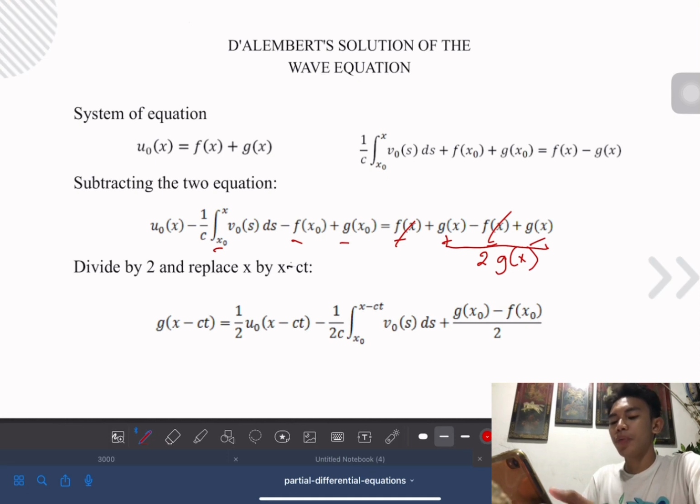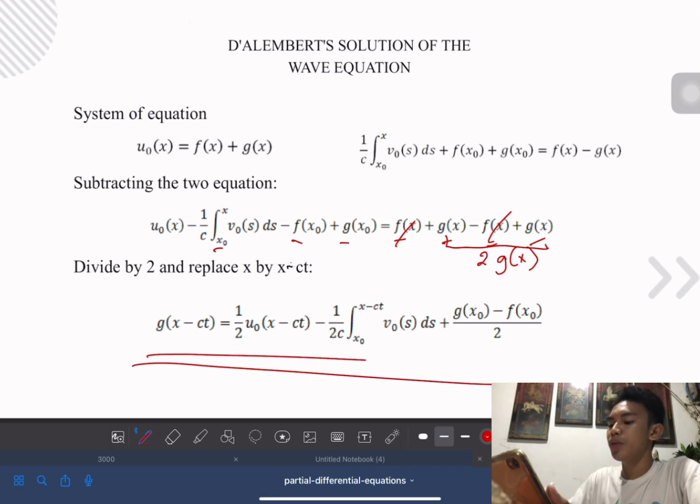So the remaining formula will be g of x minus ct is equal to 1 half u sub 0 x minus ct minus 1 over 2c times the integral of v sub 0 s ds evaluated from x sub 0 to x minus ct plus g of x sub 0 minus f of x sub 0 over 2. And this will be our function g of x minus ct.